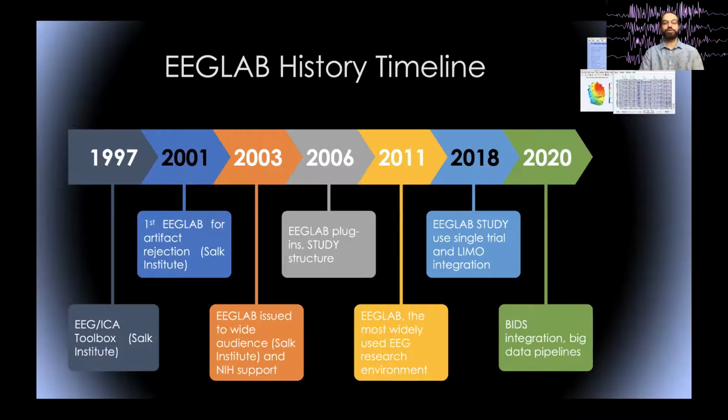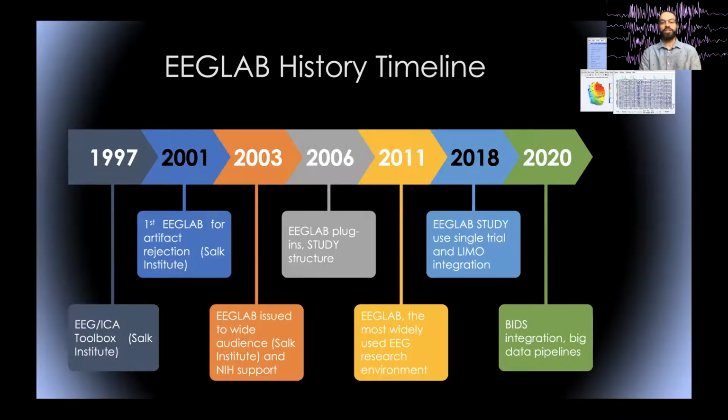And I'll show you how to use that, because we'll use the NSG plugin for EEGLAB. So I'll show you, we'll download it and install it. And in 2011, there was a paper showing that EEGLAB was the most widely used EEG research environment among commercial and academic software.